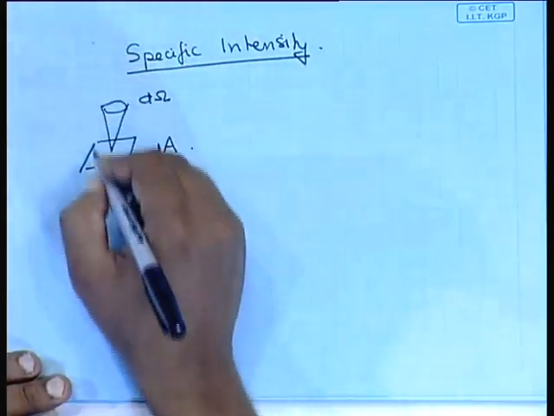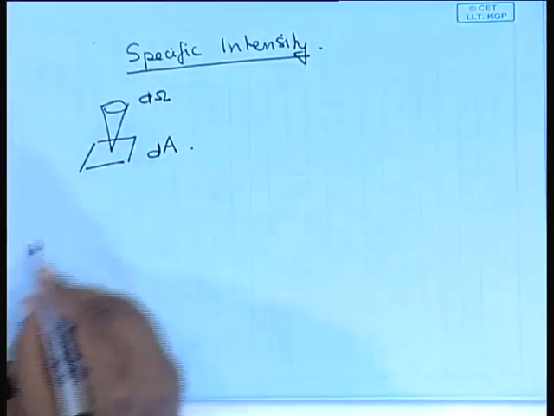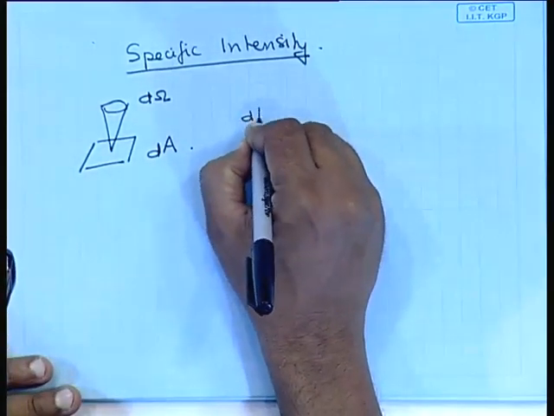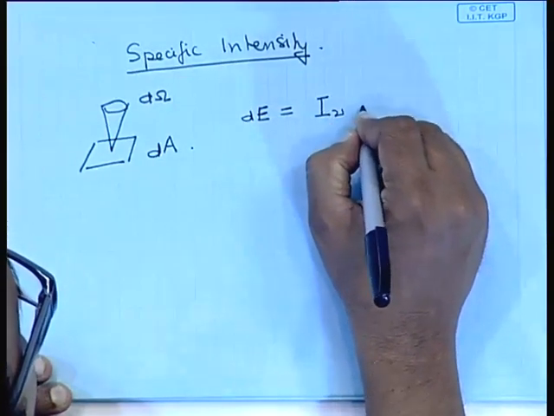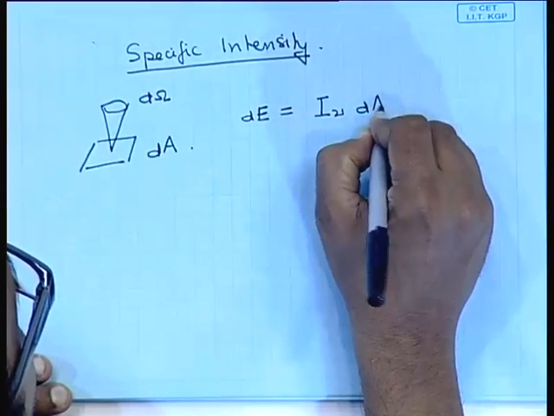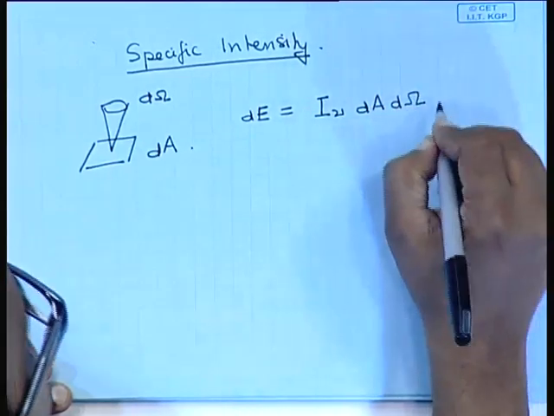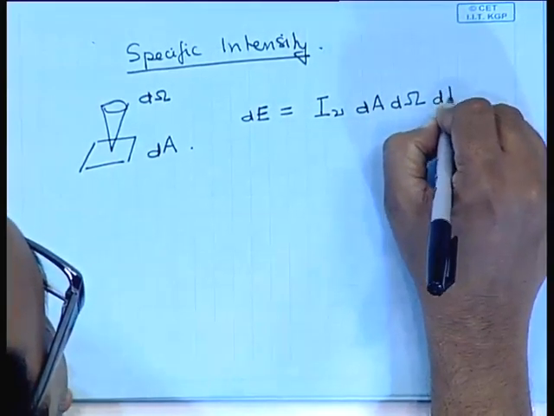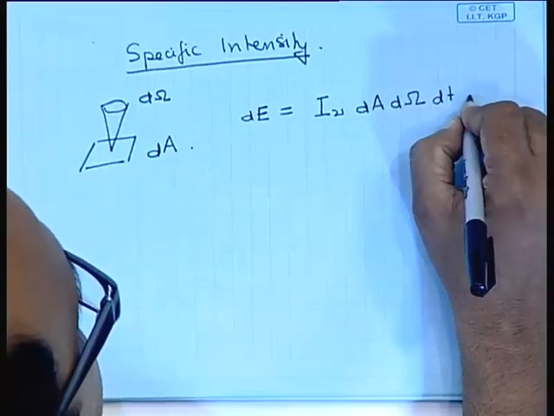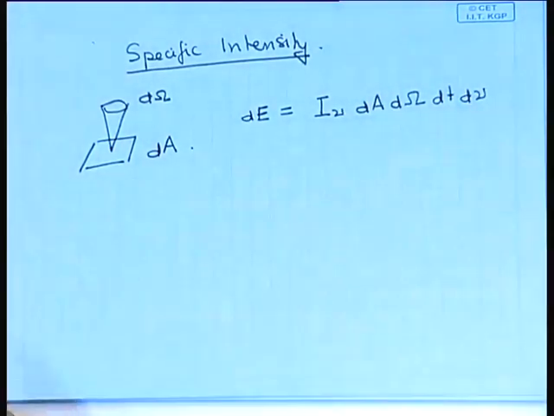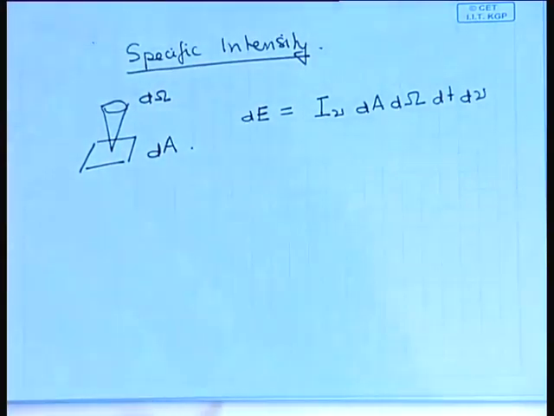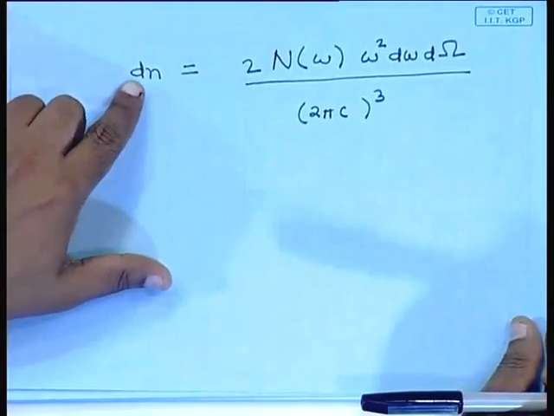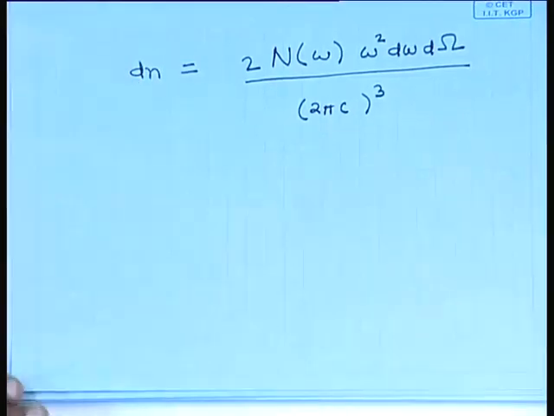So, the energy coming in through this solid angle into this area dA is dE, and this is equal to I nu dA d omega, and this is the energy coming in a time interval dt in the frequency interval d nu. Right, that is how the specific intensity is defined. Now, the question is, how is this related to the particle energy density that we have just considered?